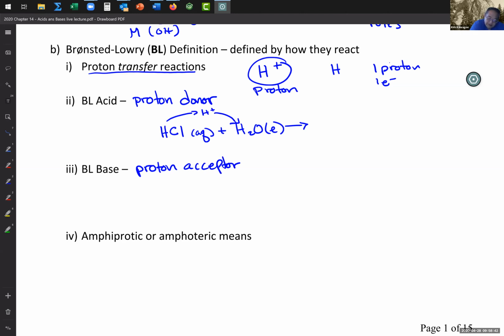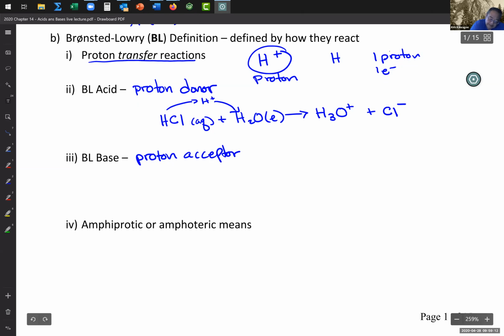So what's that going to do to the formula for H2O? It's going to become H3O+, and HCl loses the hydrogen, so you're just going to have a Cl-. And just a side note: because the hydrogen left as H+, the Cl kept the electron, and that's how you get a chloride ion at the end.